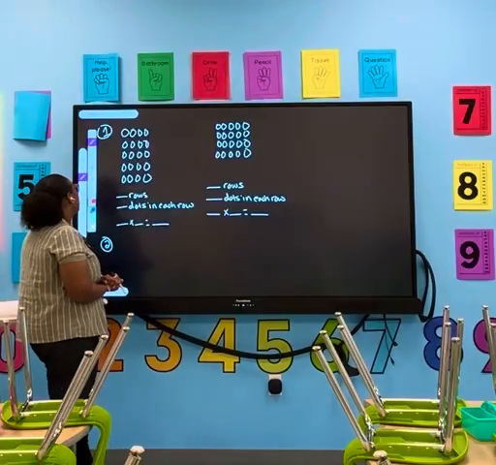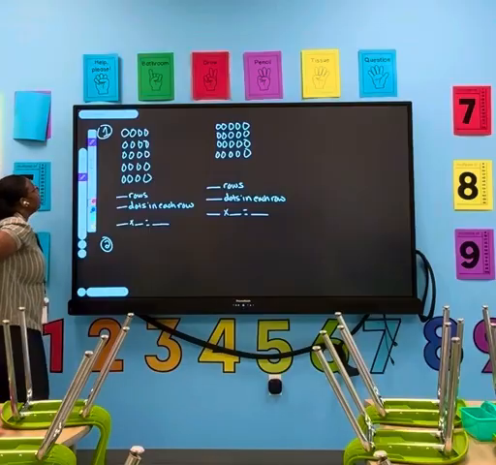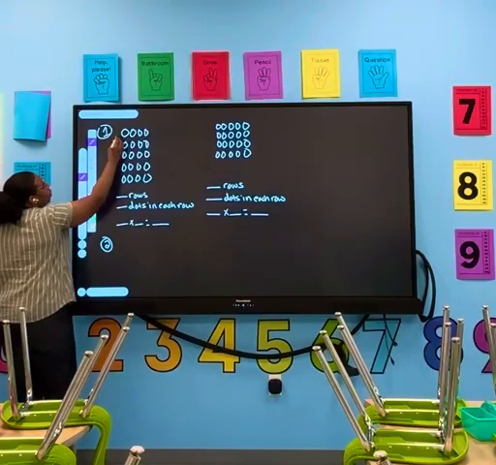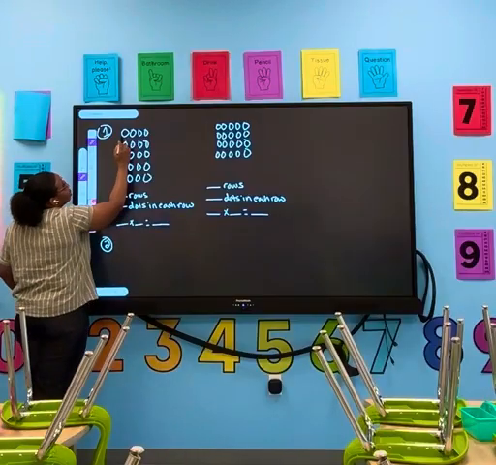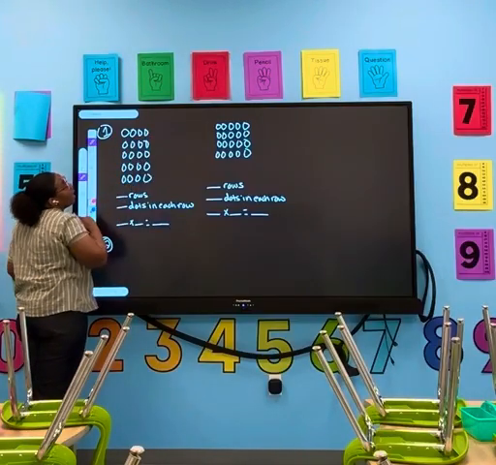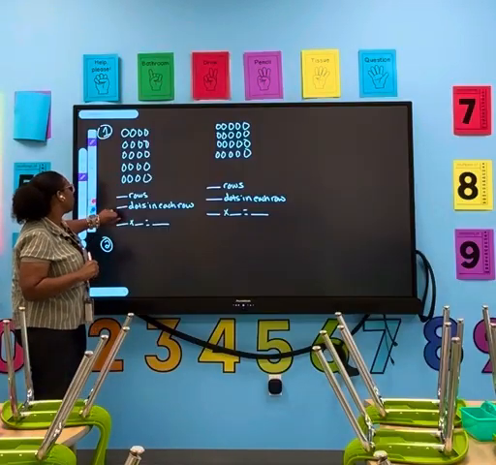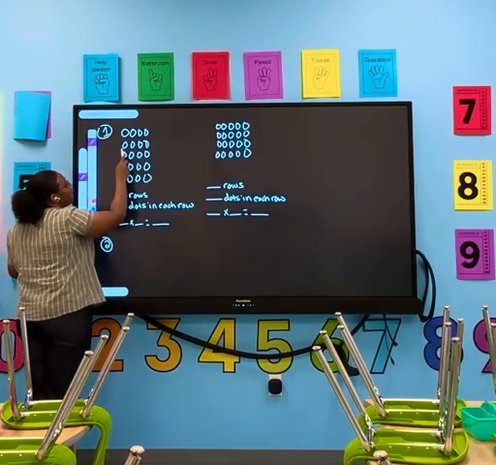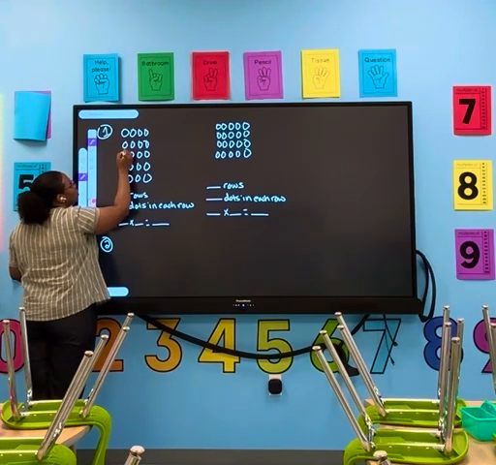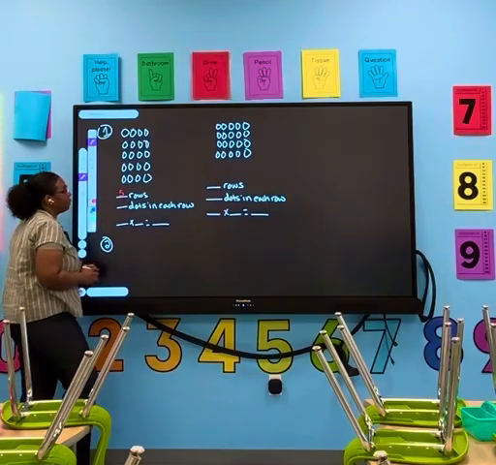Let's go ahead and look at number 1. This is the array for number 1. It has 1, 2, 3, 4, 5 rows, and it has 1, 2, 3, 4 columns, or 4 in each row. So if I fill in this information, it has blank rows. I can see that I have 5 rows, so I'm putting 5 on my line.